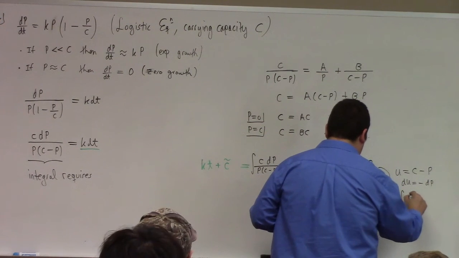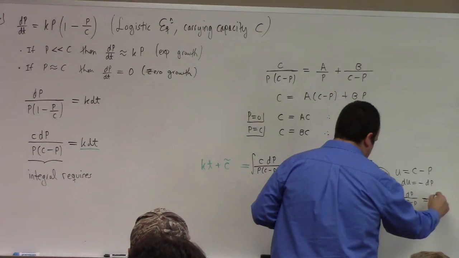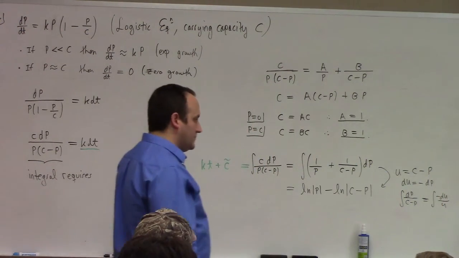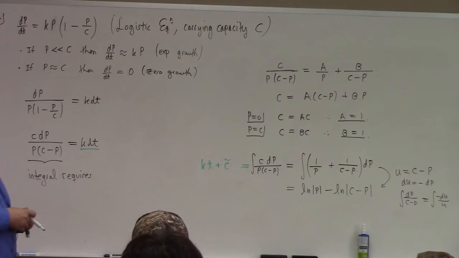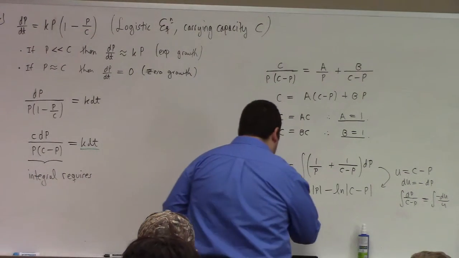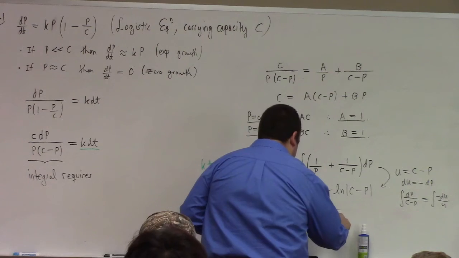So the integral of dP over (C minus P) is the integral of minus du over u. That's why I have a minus there, because it's C minus P. Then I can combine those, and you see I've got the log of the quotient of P by (C minus P).